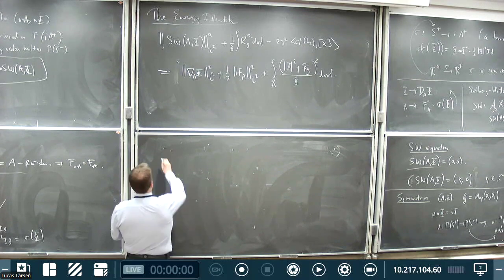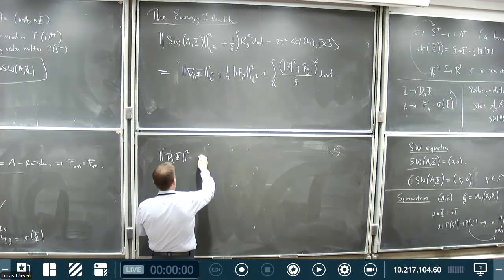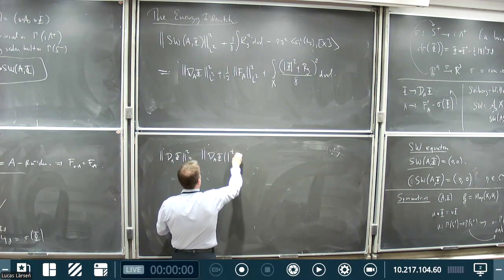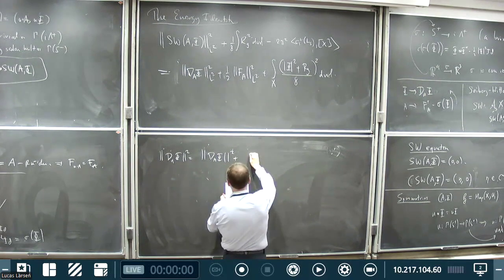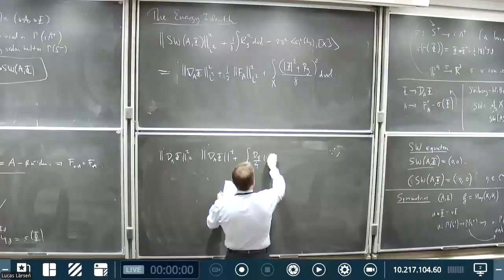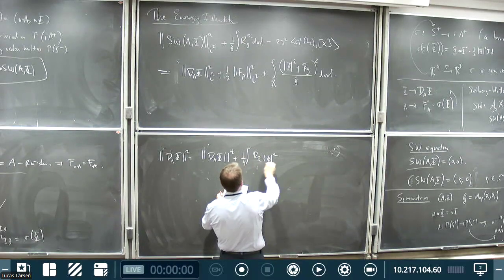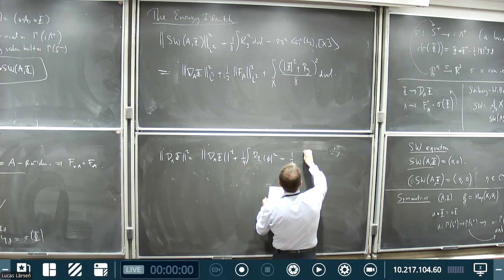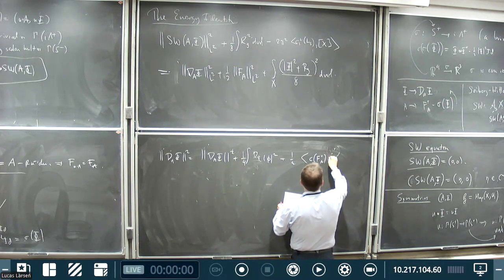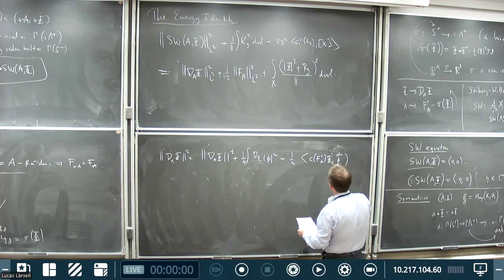Okay, so that's the Weitzenböck formula that is going to give me this thing here, and then 1/2 the L2 product of Clifford multiplication by f plus phi.